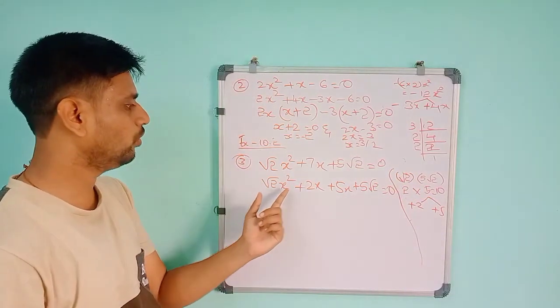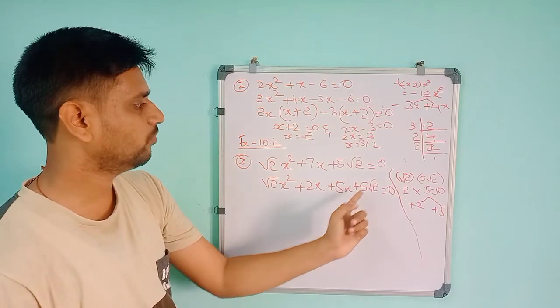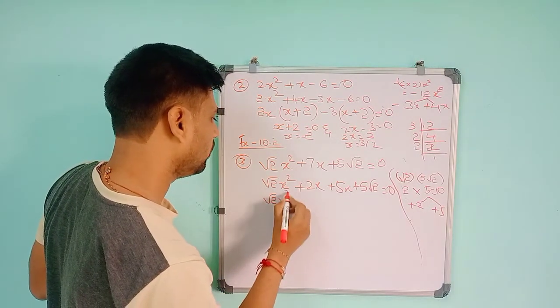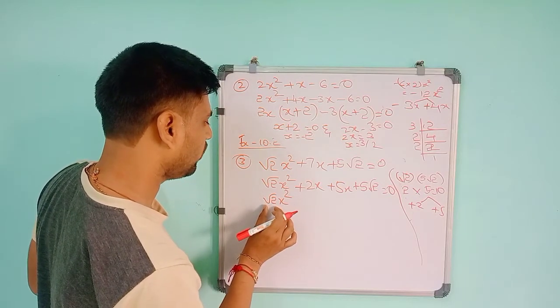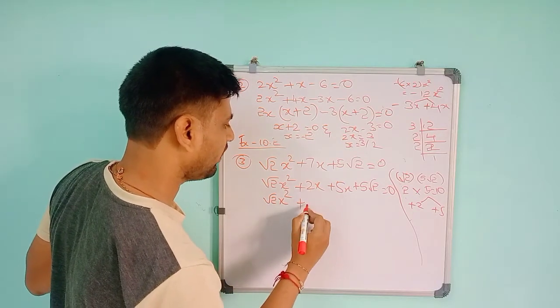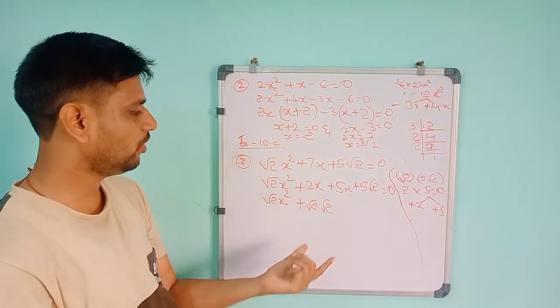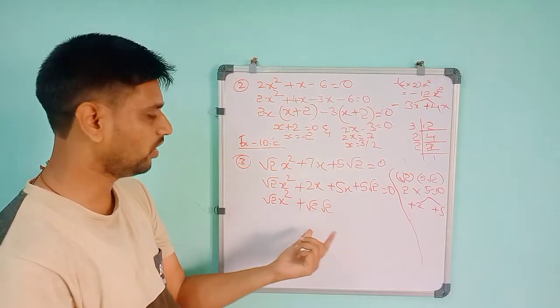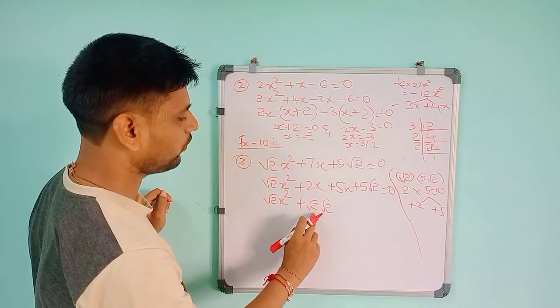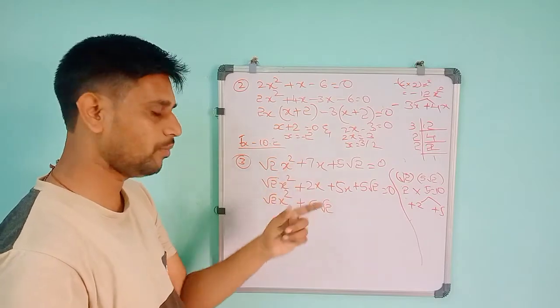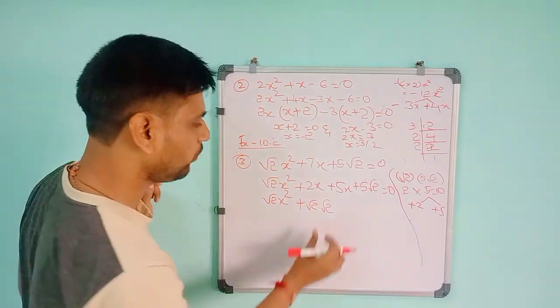Then root 2 into x square plus 2x plus 5x plus 5 root 2. So you can write this 2 as root 2 into root 2, because you have to bring in the root 2. What I told is, if you want that number, you have to multiply by the square root only. So root 2 whole square will become 2, and the square root will be cancelled, only 2 remains.